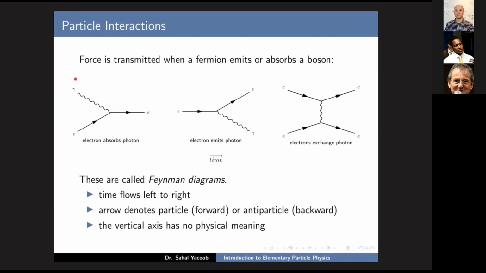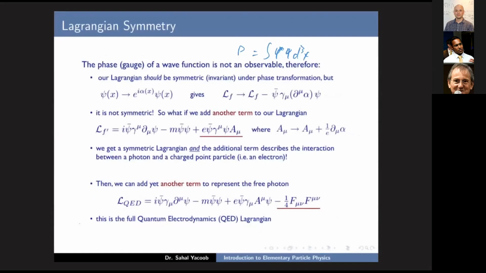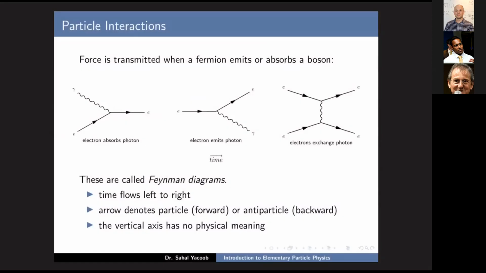So this vertex is always described by this term, where the psi bar is not always an antiparticle. We always have time flowing from left to right. The arrow on the lepton line tells us whether we have a particle or an antiparticle, and this goes back to what we spoke about in the last lecture about antiparticles being identified with positive energy states going backwards in time.